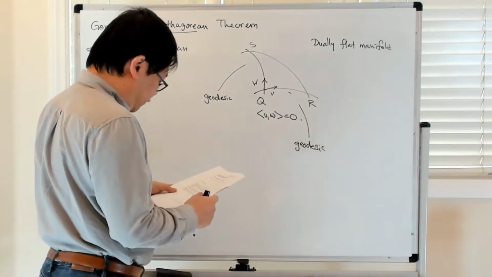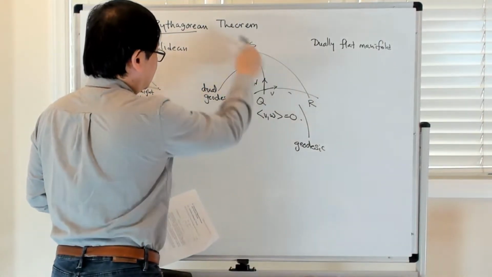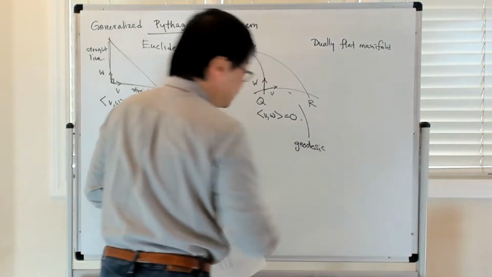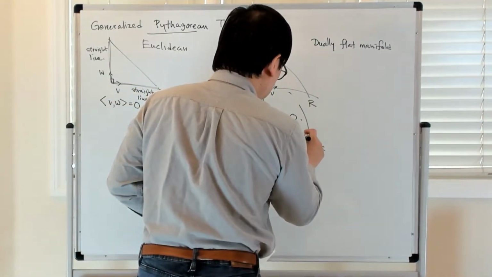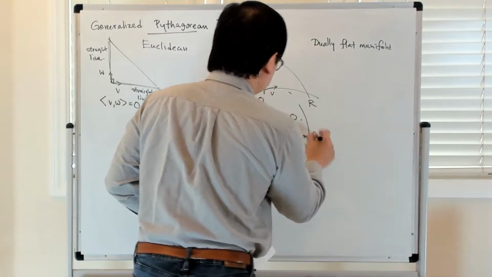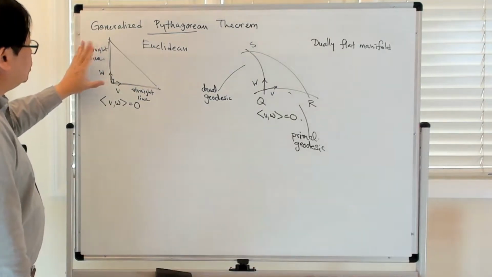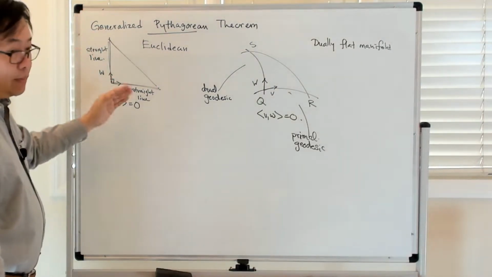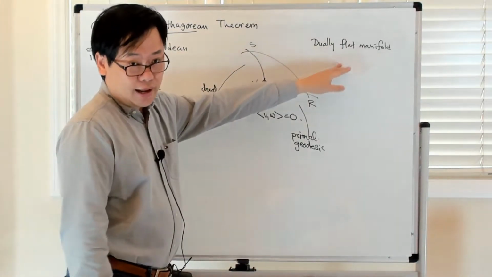One of them is going to be a dual geodesic. So let's say this curve is the dual geodesic, and this curve is the primal geodesic. That's what we consider to be the generalization of the setup for the Pythagorean theorem in Euclidean space to this dually flat manifold.